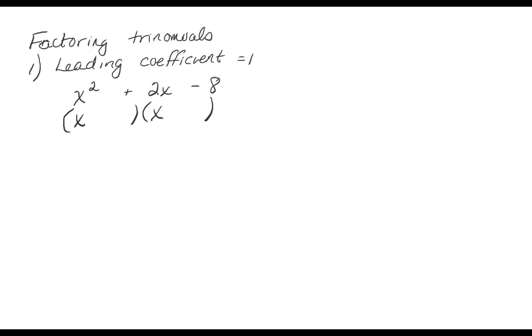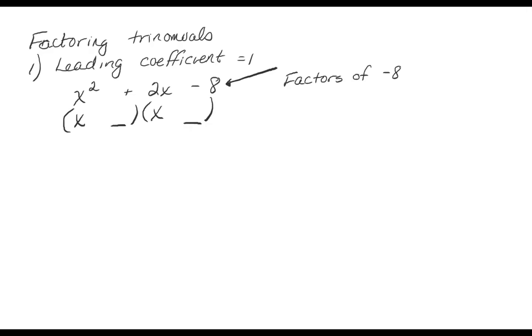And now I need to find some factors that I can put in here, here, and here, that are going to multiply together to give me negative 8. But they also have to give me the correct middle term.